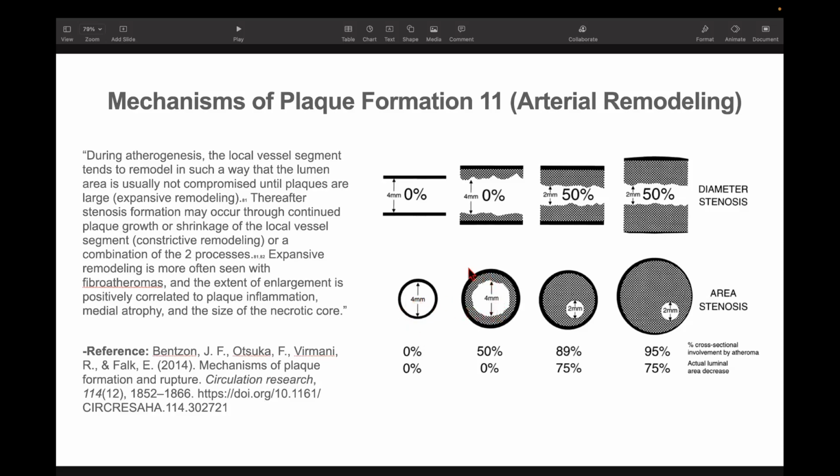And that's because the vessel, again, is expanding outward. However, as the vessel gets to 75 to 89% plaque formation, you see that lumen start to narrow. So here we see it's at 2 millimeters. Even when you're getting to 75 to 90%, you're still only at 2 millimeters.